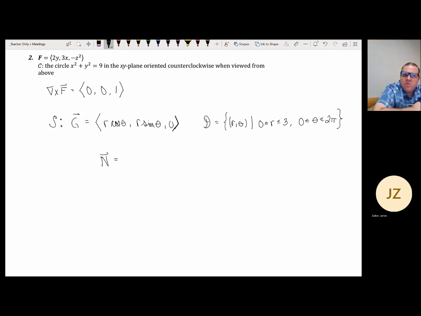Normal vector. Again, should be fairly obvious.